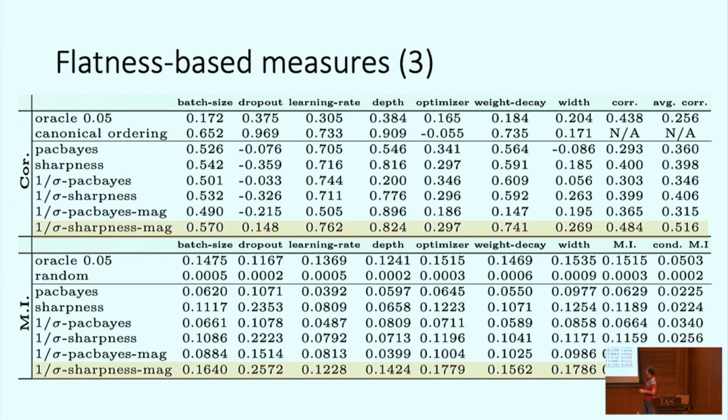In fact, sharpness, which is just one number, is almost as good as knowing the hyperparameter that you're changing. Each of these hyperparameters is very powerful if you only change them, but not predictive if you change something else. But sharpness is almost equally powerful, except for the case of dropout. And even for dropout, this is the only measure that positively correlates with generalization if you change dropout.